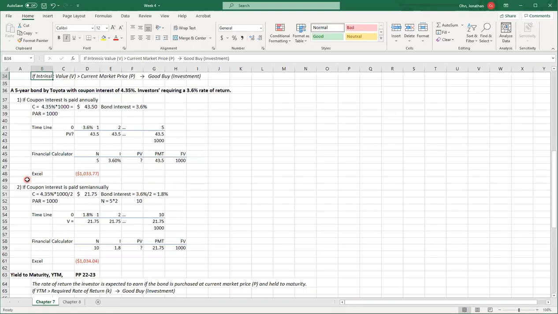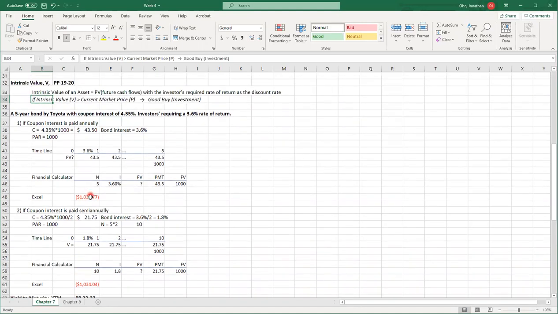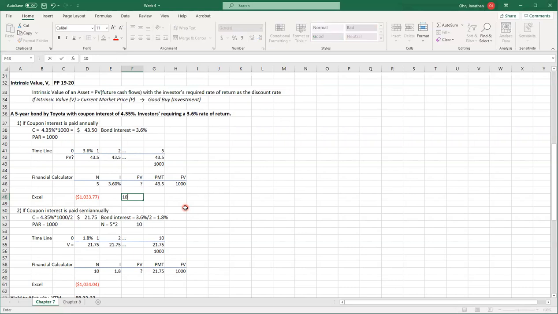Now here, our calculated bond value. This is the theoretical bond value, right? If this value is greater than the current market price, then you have to buy it. For example, in this case, suppose the current market price is $1,025.